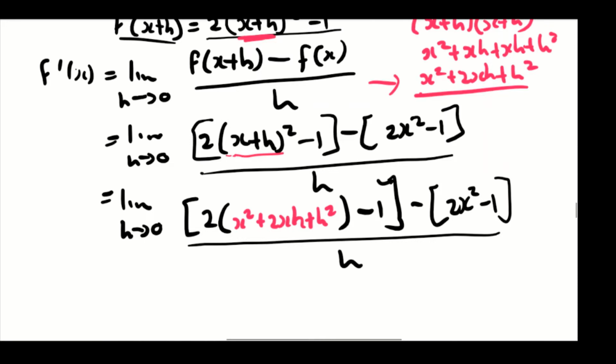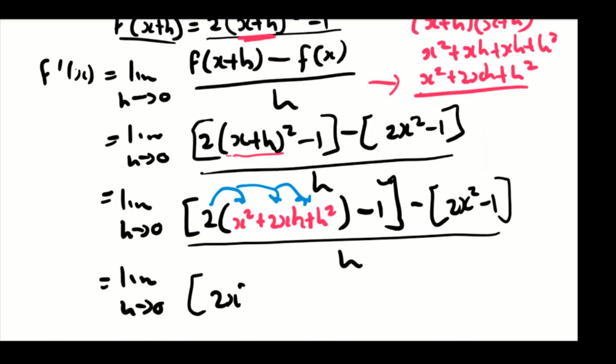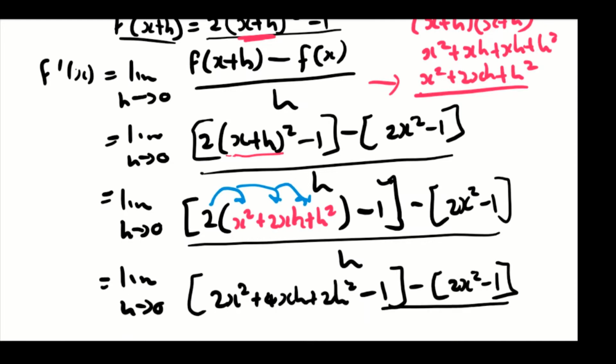So what's going to happen is this 2 will multiply everything that is inside here, right? And we'll have the limit when h approaches 0 of 2x squared plus 4xh plus 2h squared minus 1, close, minus 2x squared minus 1, like that, divided by h, right?